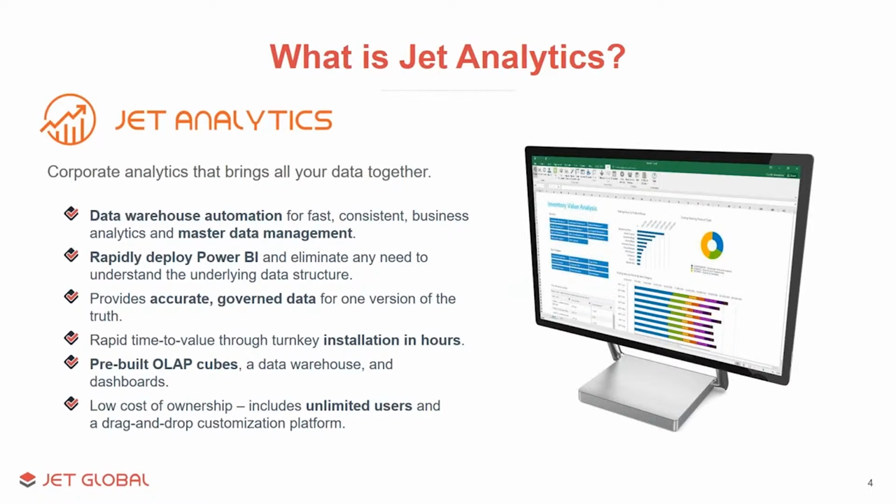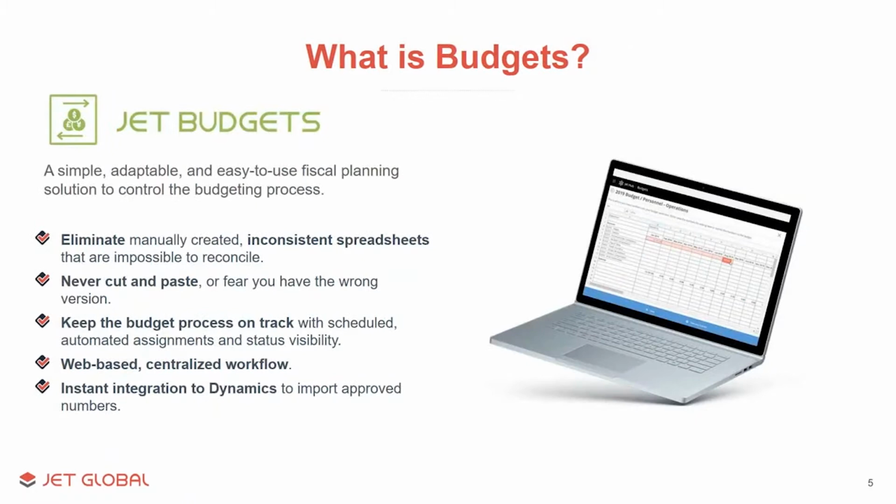It is our flagship product, and it is really where most businesses are going today when they're looking to both report, analyze, and trend predict their businesses. Again, Jet Analytics is pre-built for Dynamics, so it is a rapid return on investment.